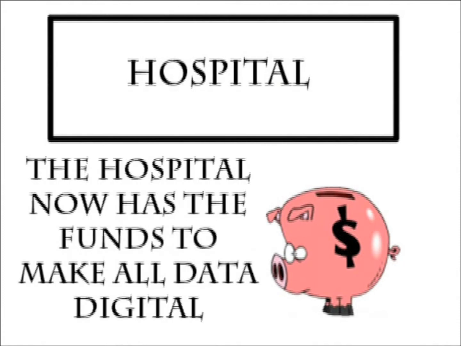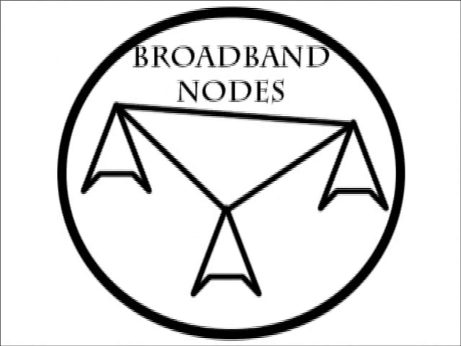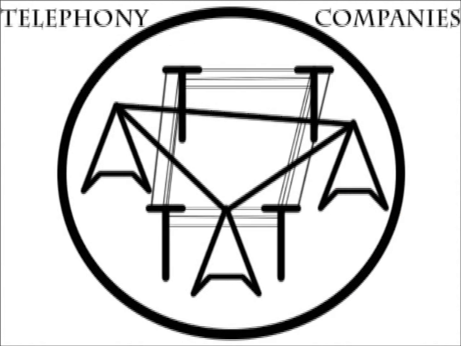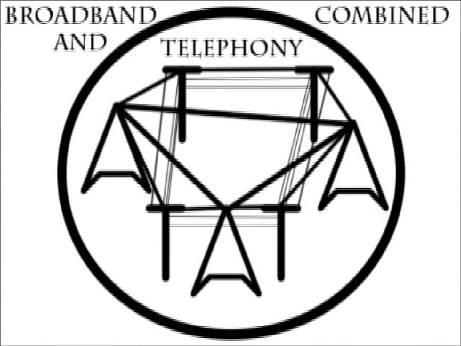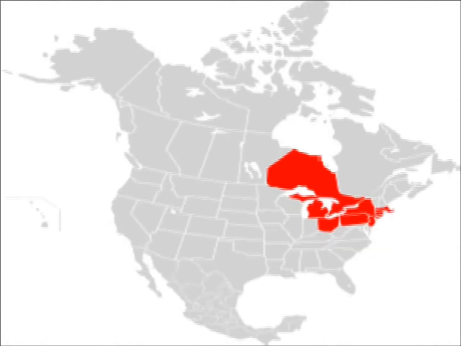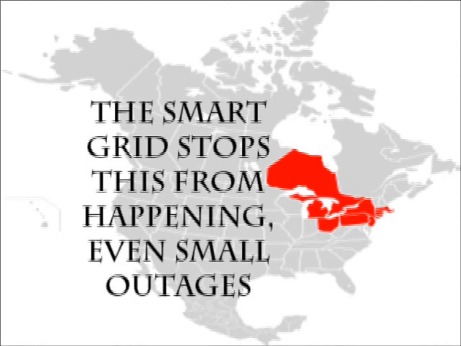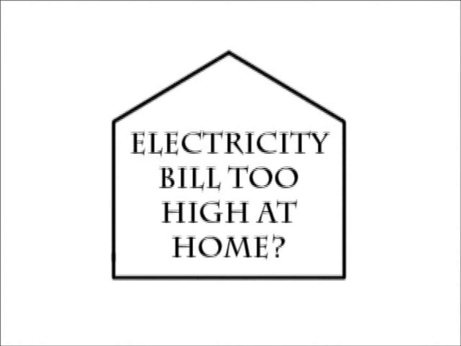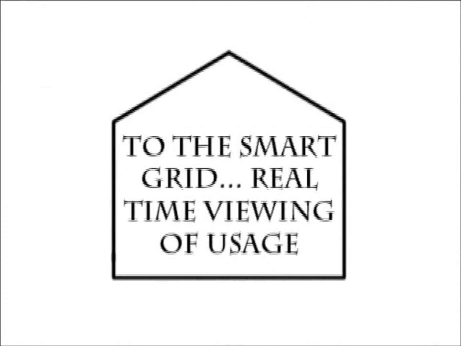Some of the specific goals include creating a fund to support the deployment of broadband in rural areas that have hospitals, making it easier to obtain poles and towers for signals, and attempting to partner telephone companies with broadband companies. The plan also calls for an upgrading of the current electrical infrastructure to the new 21st century smart grid. This would help reduce power outages, allow real-time viewing of electric usage, accommodate next-generation speeds, and ensure efficiency.